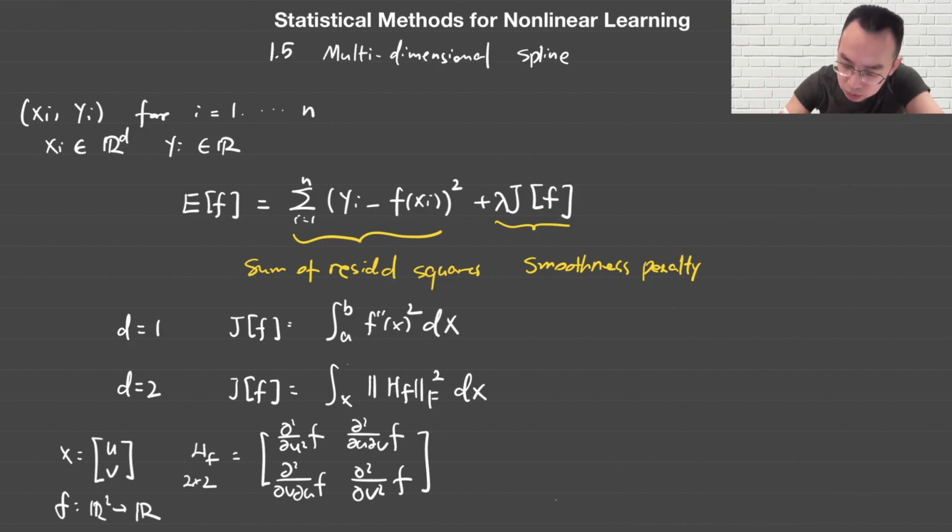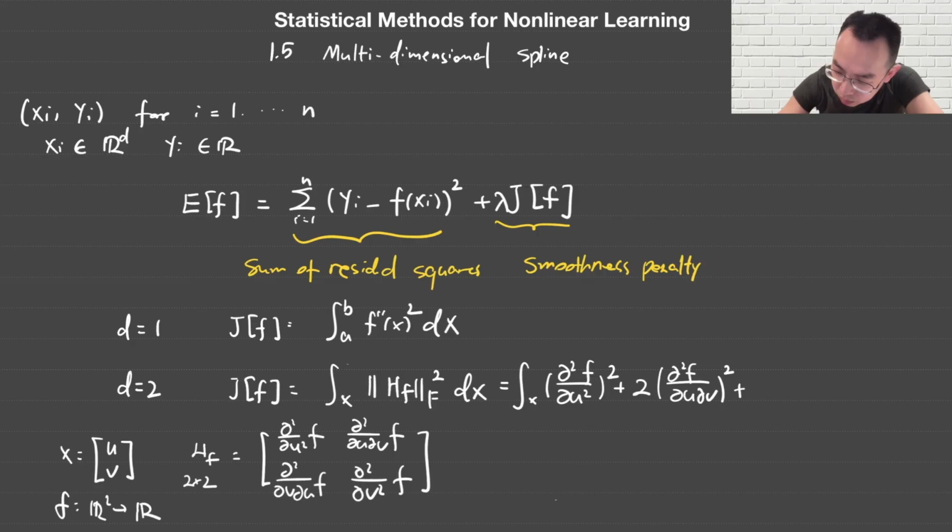So this is going to integrate over the domain of x. So this is going to be the smoothness penalty for dimension 2, when d equals 2.